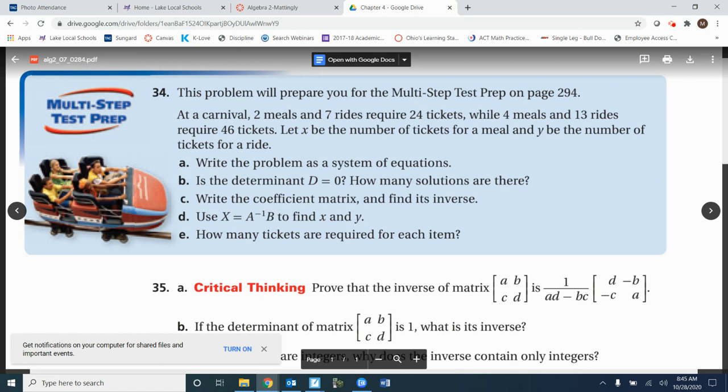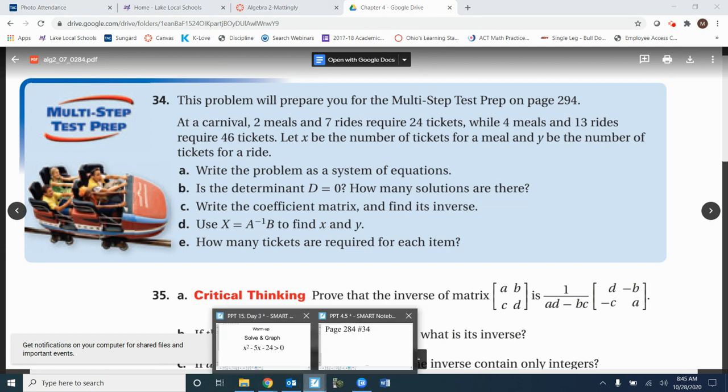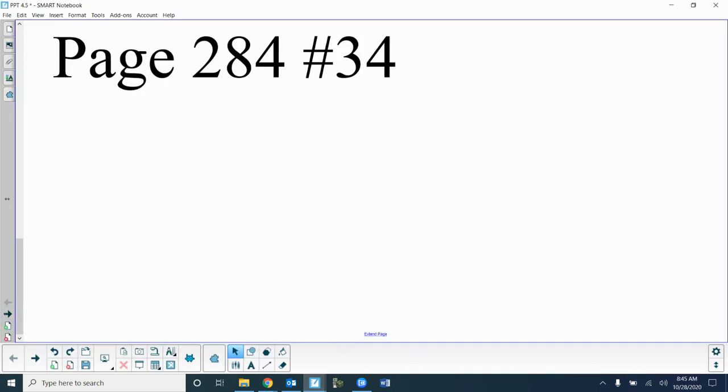Okay, so X was what? Meals? Right? So 2x. Will it let me write on there? Maybe not. All right, so I'll just write it out. 2 meals, 7 rides.